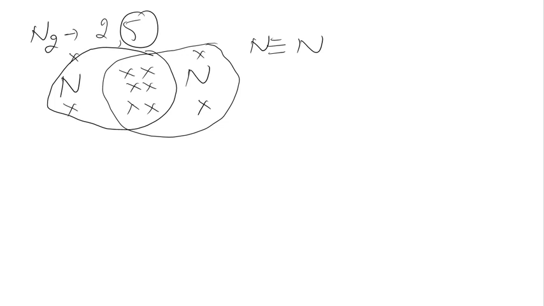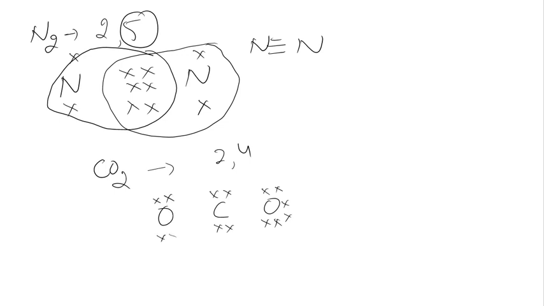Okay, let me take one more last example of CO2. See, 2 and 4. 4 are the electrons. 1 2 3 4. Oxygen 6. 1 2 3 4 5 6. Here also 1 2 3 4 5 and 6.